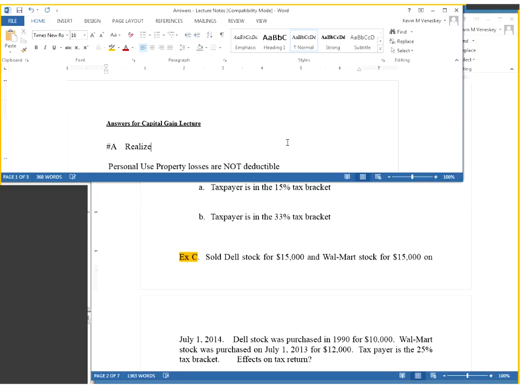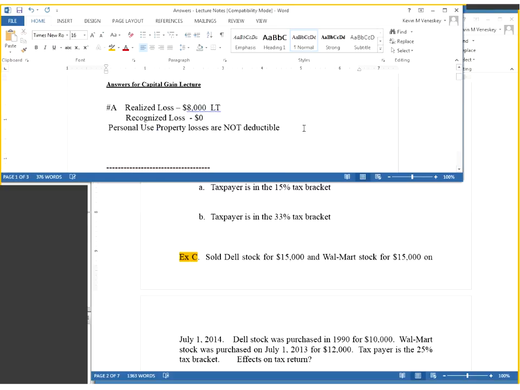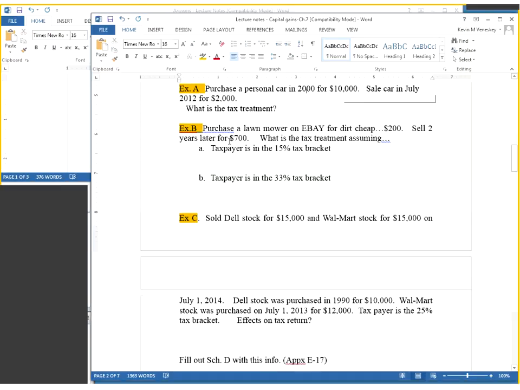This would be a realized loss of 8,000. That would be long term. However, the recognized loss would be 0. Can't take any of it due to tax rules. Okay, so we go down to B here.